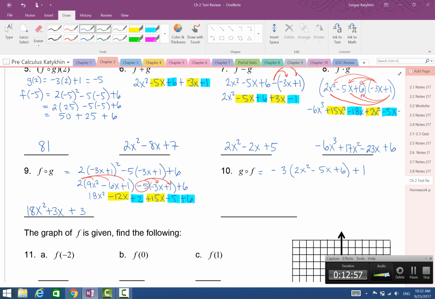Well, here we have to distribute the negative 3, so distributing the negative 3 inside the parentheses, we get the following: negative 6x squared plus 15x, and then minus 18 plus 1. The only 2 things I can combine are the 2 constants at the end, so we get negative 6x squared plus 15x, and then minus 17.